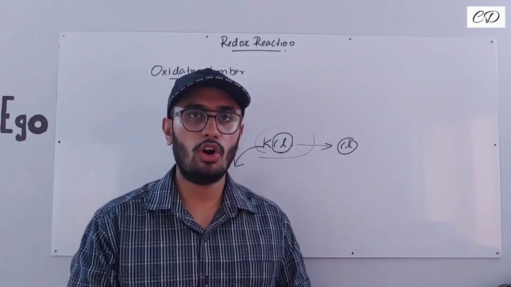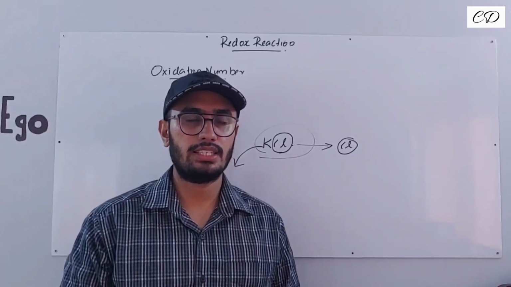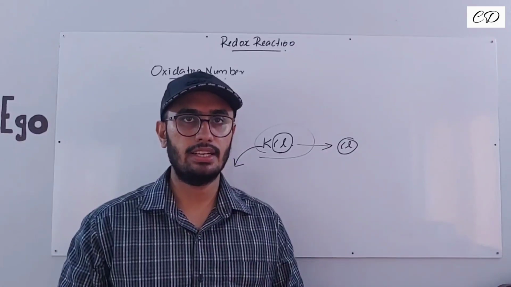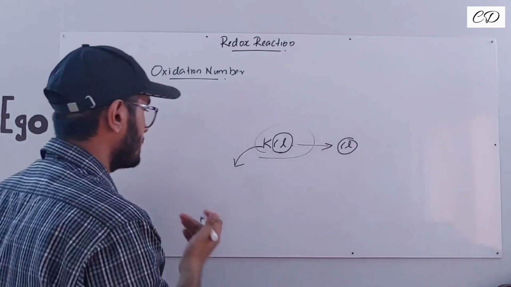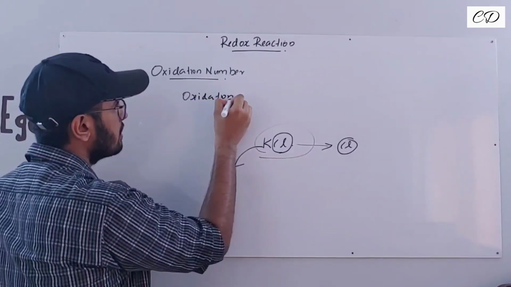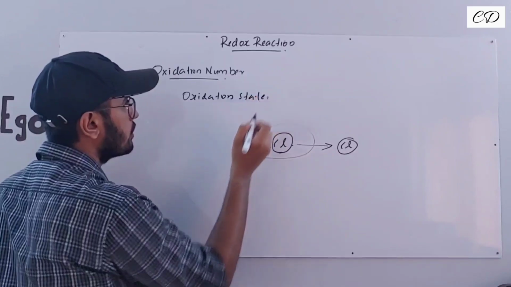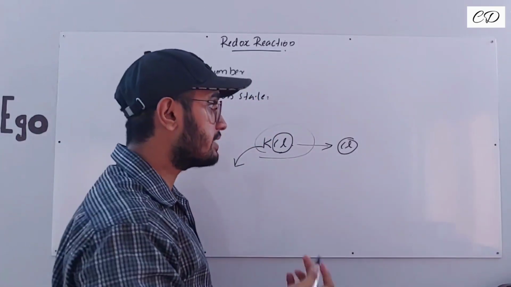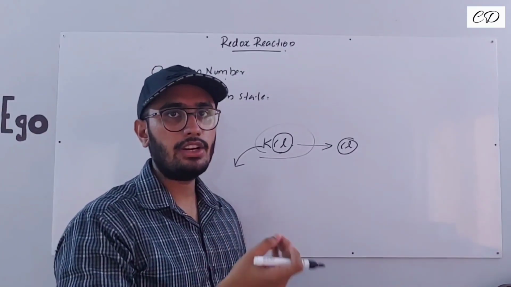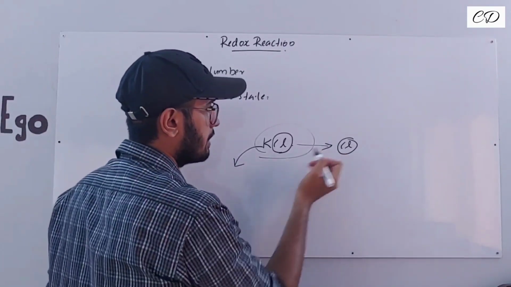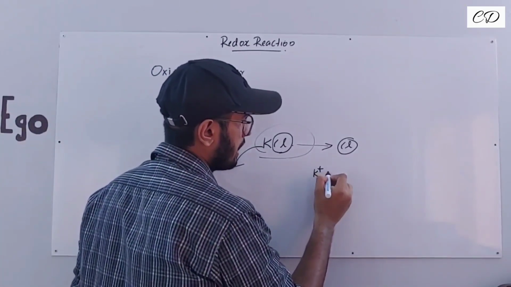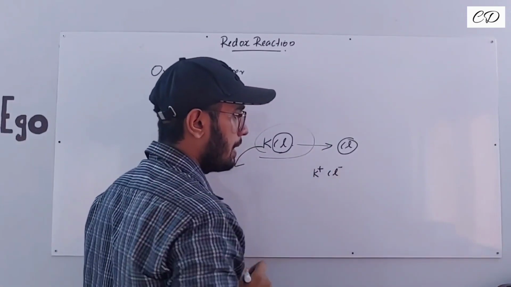But when we come to redox reactions, there are two half reactions, like oxidation and reduction happening in a single reaction. So we are going to change the oxidation number and oxidation state here. Oxidation state means the charge of an atom in that compound. If you consider potassium chloride, when we split it, we get potassium plus and Cl minus.